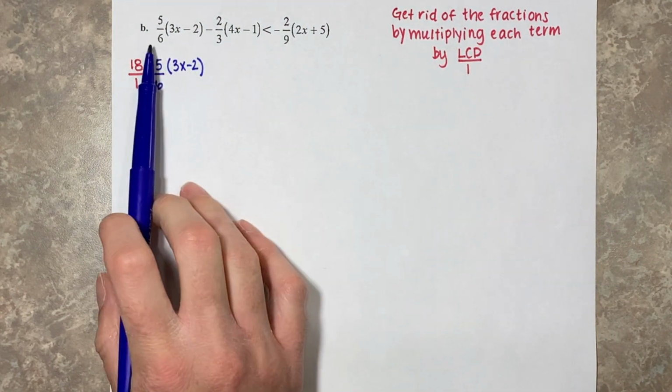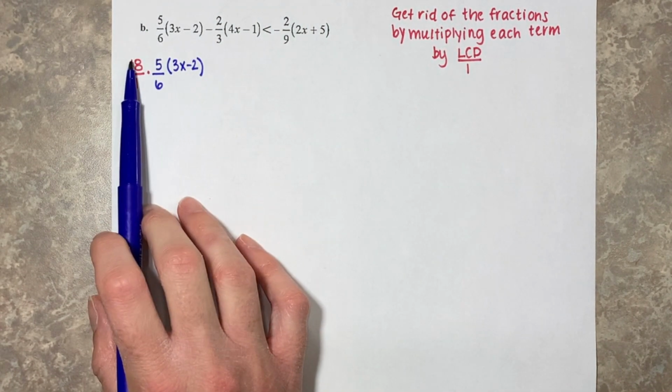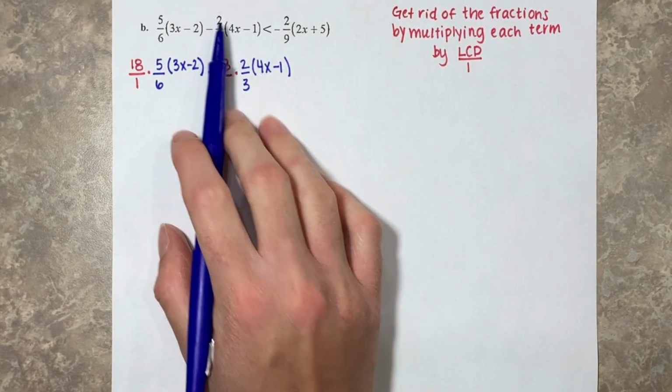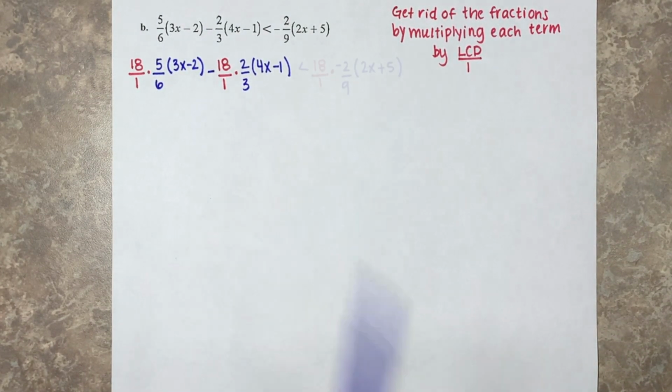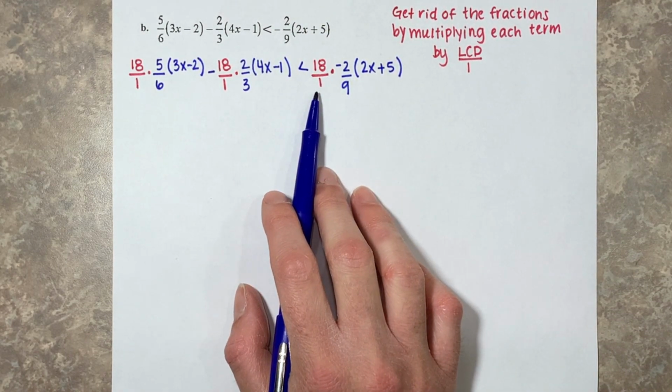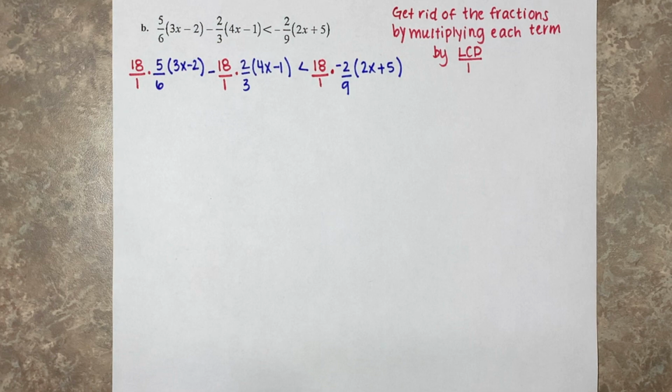I multiplied this term here by the LCD over 1. Next, we'll multiply this term here by the LCD over 1. And lastly, we'll multiply this term here by the LCD over 1. Now, once we simplify here, we'll see that our fractions will disappear.